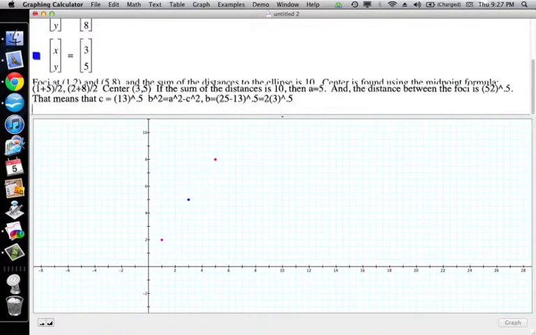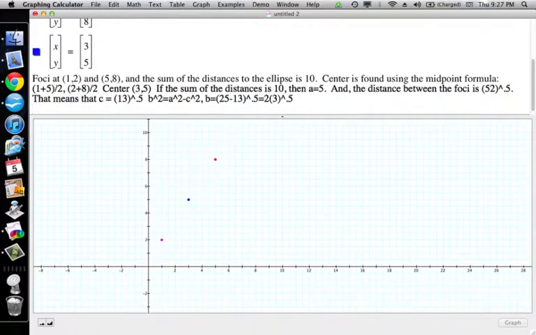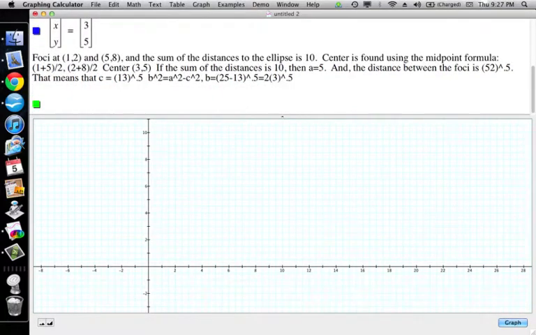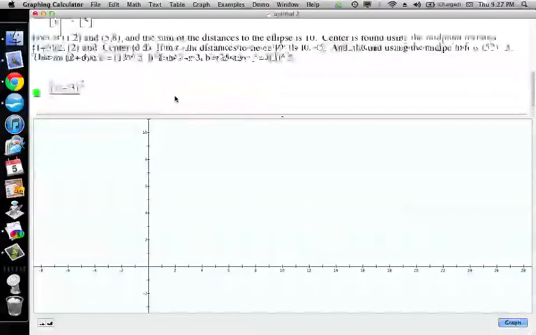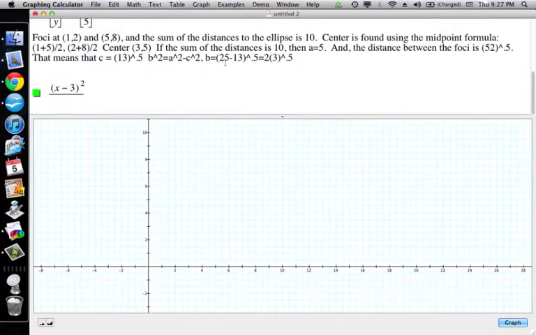Okay. So now I'm ready to do my ellipse here. So I do x squared. Well, hang on, what's my center? x minus 3 squared divided by the square root of 12 squared, so that's going to be 12.